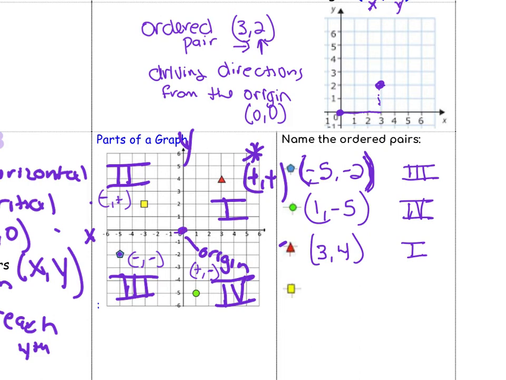Actually, why don't you pause quickly and see if you can do this one on your own. So to get that, we had to go over 1, 2, 3, and up 2. But we went negative. We went back, just like if we were going on a number line, negative 3 and up 2. So all we're doing is combining those horizontal and vertical number lines together. So negative 3, positive 2, and that was in quadrant 2.